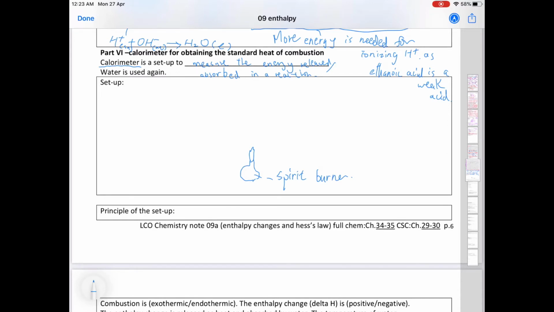We use it to heat up some water, and on the top, this time we will use a metal can. Why is a metal can used instead of maybe a beaker or a polystyrene cup? Because it is a better conductor of heat, and it can more effectively transfer the heat into the fixed amount of water inside.